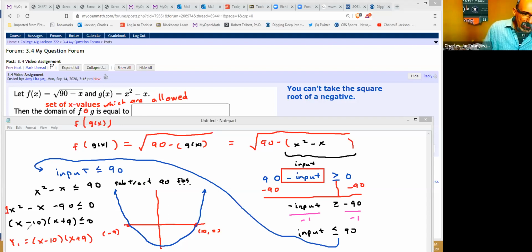So where is the graph at or below 0, at or below the x-axis?